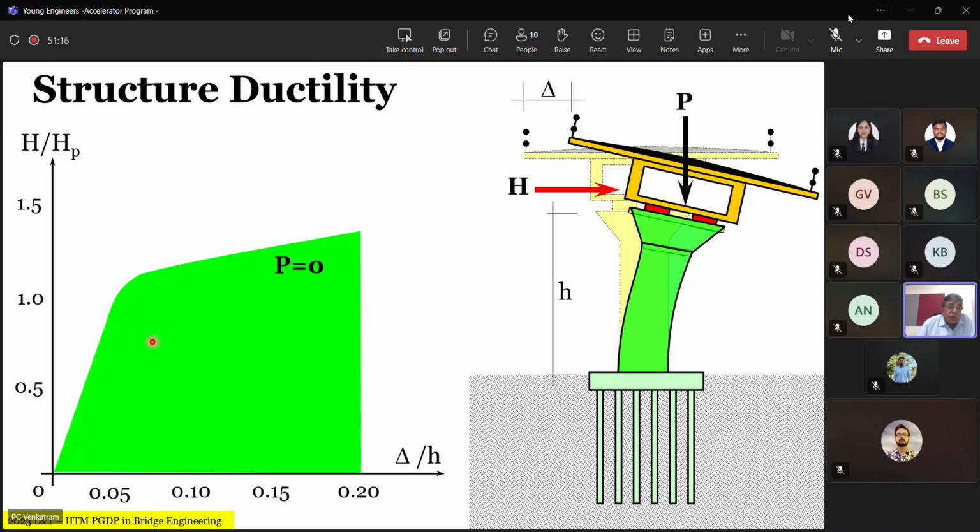You will have a HU by HY which is the highest. Now, obviously, that's a theoretical condition. In reality, there will be no bridge pier which will not have superstructure load on it.